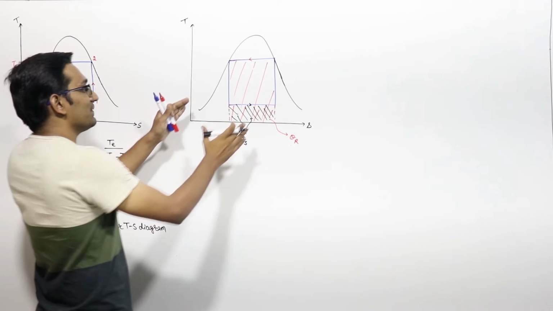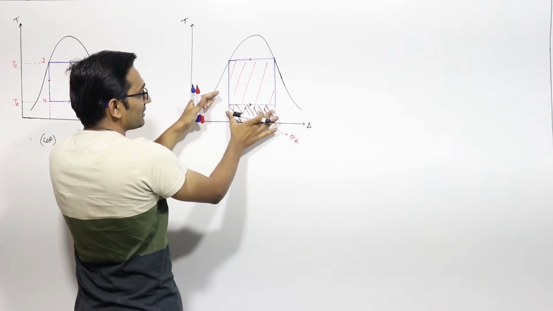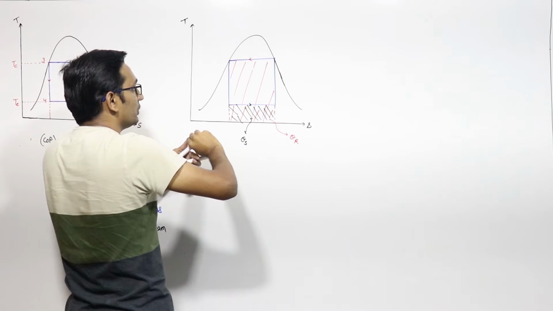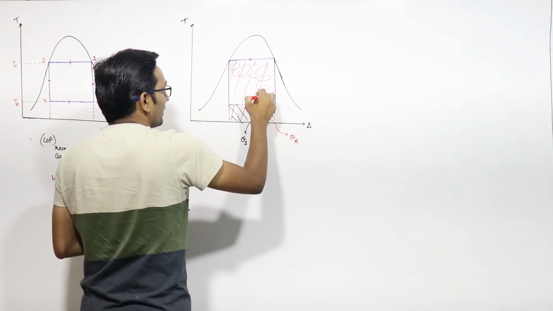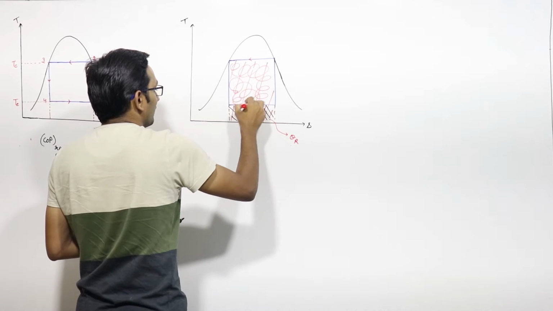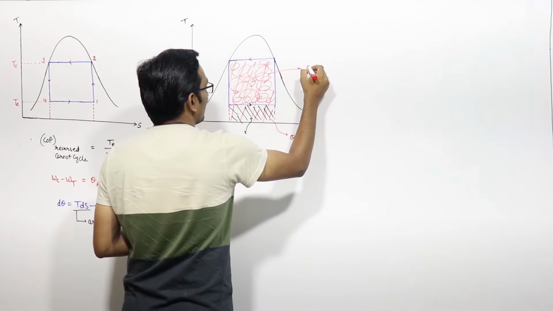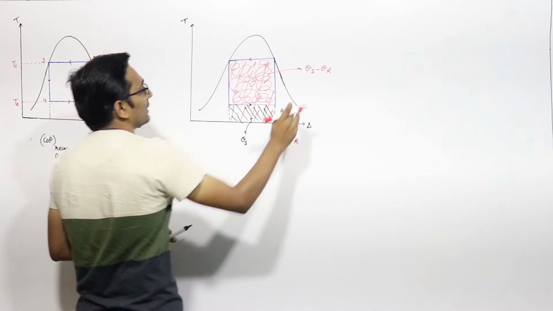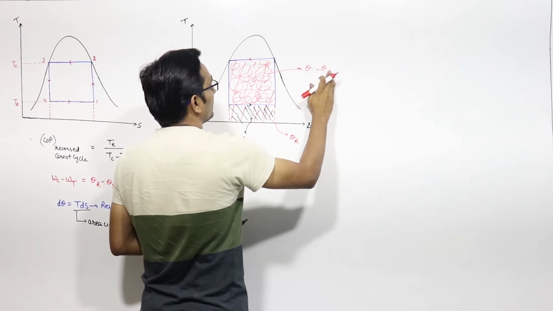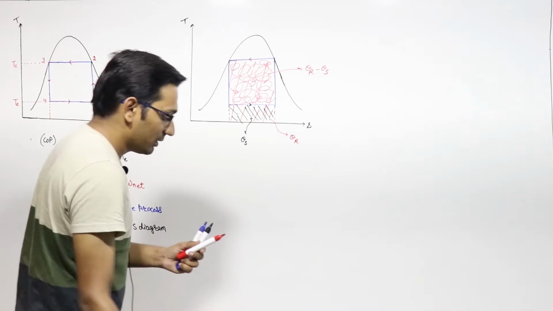So this complete area is the heat rejected and this area is the heat supply, so this net area will give you the net heat, that is QR minus QS, because heat rejection is more than the heat supply or heat absorbed, right?